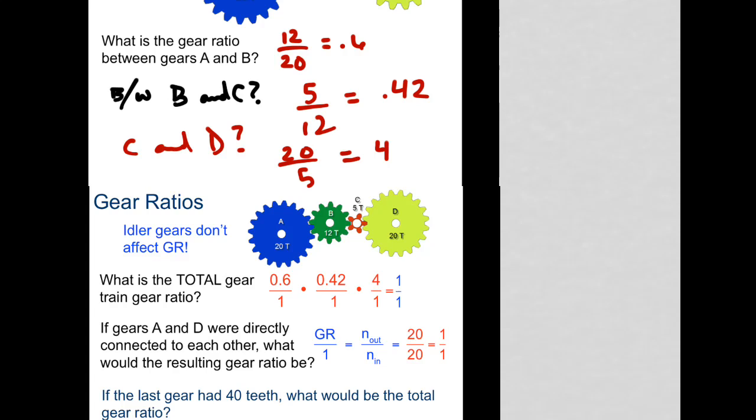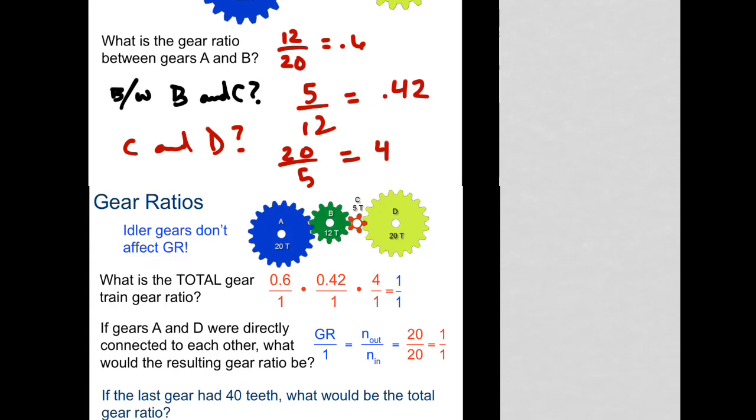But idle gears don't matter. These two gears in the middle don't really change the total gear ratio at all. The only thing that this allows for is maybe a change in direction. An idle gear allows for a change in direction, or it separates the two input and output gears. It also means you can attach another gear on here and have that do something else.